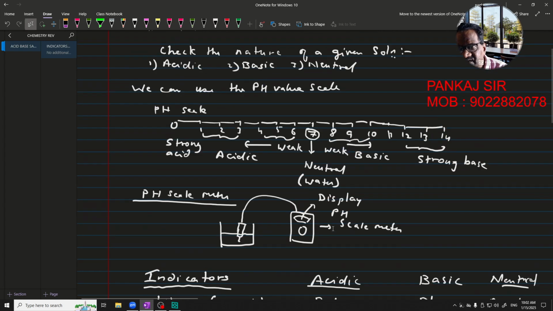So depending on the pH range shown by the universal indicator, suppose the range is from 1 to 3, it means it is a strong acid. But if the range shown is 12 to 14, then it is a strong base. If the range comes to around 8 to 10, then it is a weak base. If it is 4 to 6, it is a weak acid.